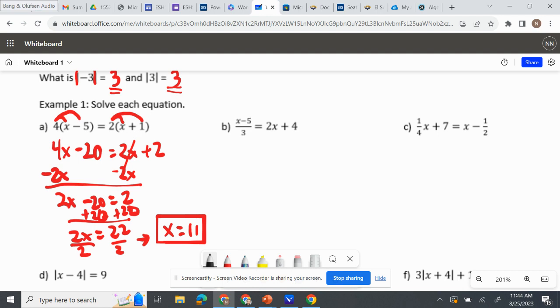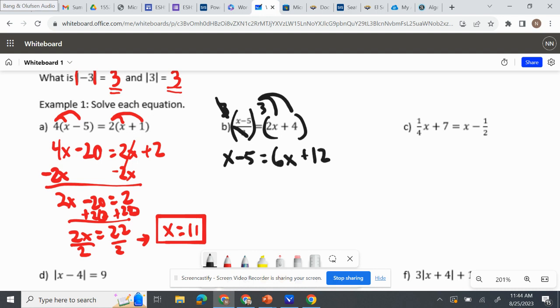Now for the second one, what I notice is that I have a fraction. So I'm going to eliminate the 3 by multiplying both sides of the equation by 3. That way the 3's cancel, and I'm left with x minus 5. Then I'm going to distribute the 3 to each of the terms, and that gives me 6x plus 12. I'm going to get the x's on one side, so I'm going to subtract the x.